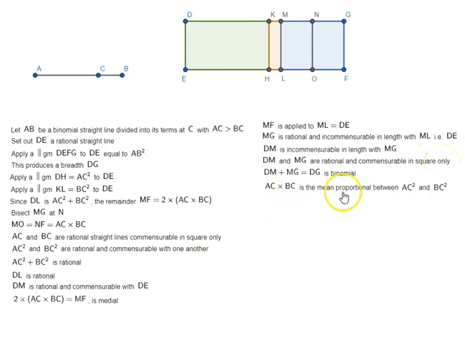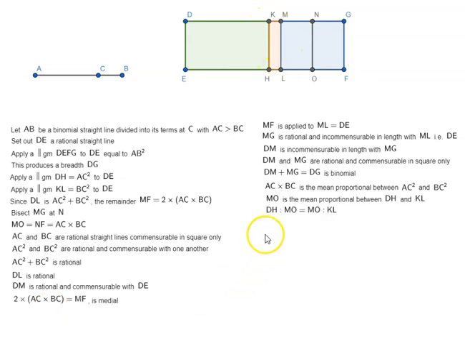Now AC by BC is the mean proportional between AC square and BC square. One of the older lemmas. MO is the mean proportional between DH and KL because AC by BC is MO, and AC square is DH, BC square is KL.